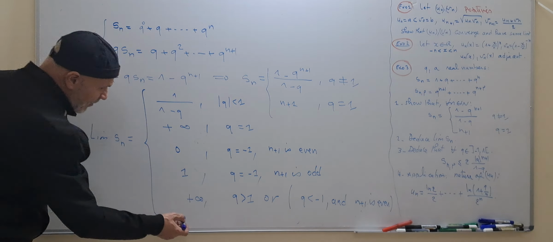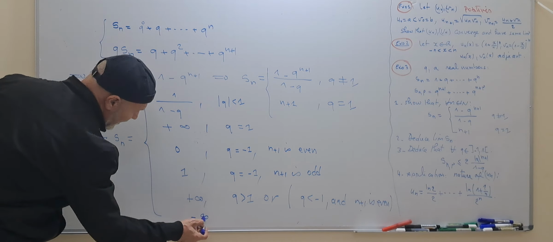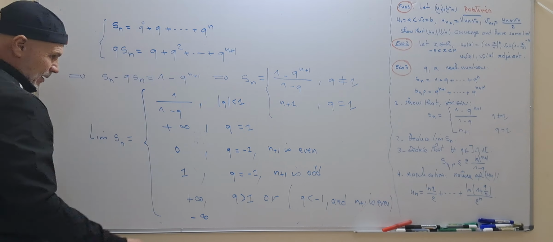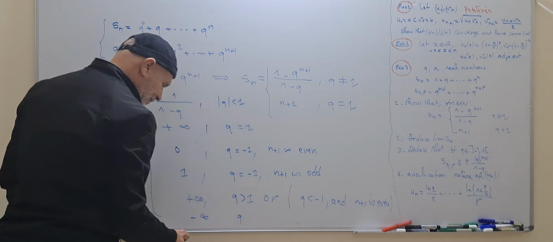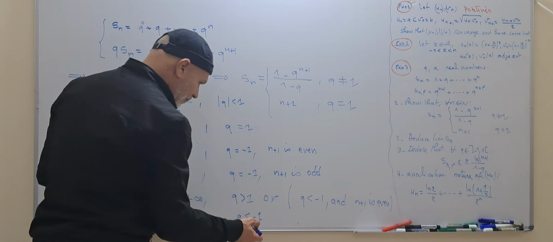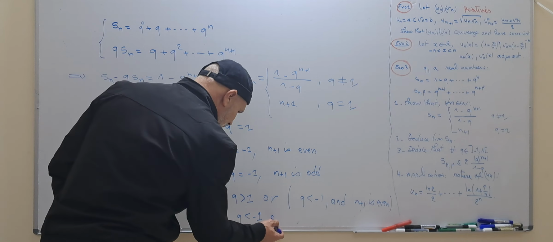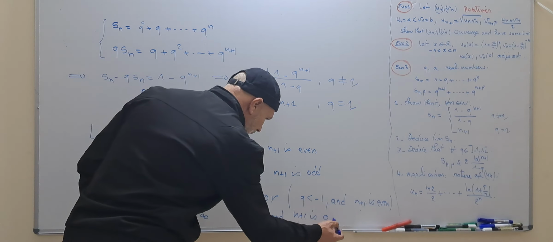It is equal to minus infinity if q is less than minus 1 and n plus 1 is odd.